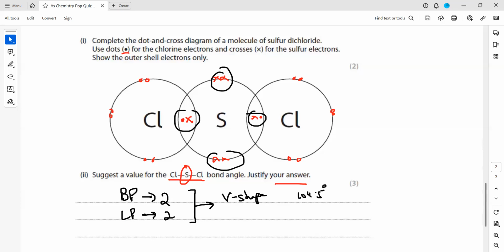And what is the reason for that? Because the lone pair repulsion is more than the bond pair repulsion. If there are more lone pairs, the bond angle will decrease more.